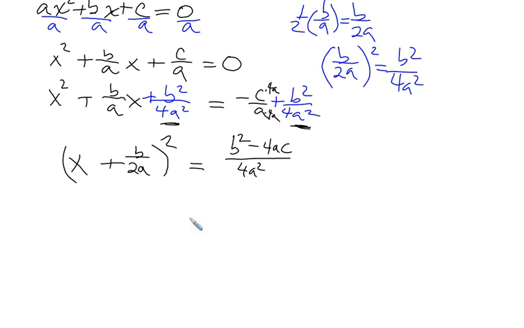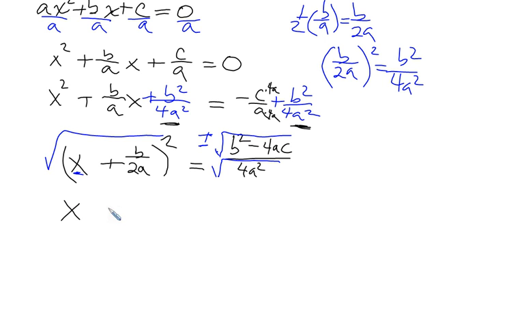Okay, so now we look back again and we see that I have just 1 copy of x. So to get it by itself, I need to square root both sides. And I can square root the top separate from the bottom. We've seen that the left-hand side really is an absolute value. And so we would remove the absolute value and put a plus or minus on the right. So I go ahead and do that now.